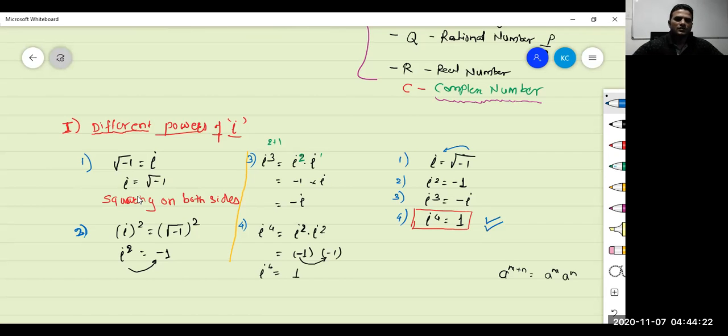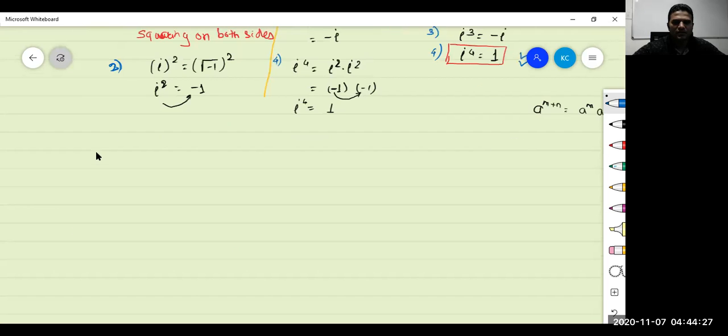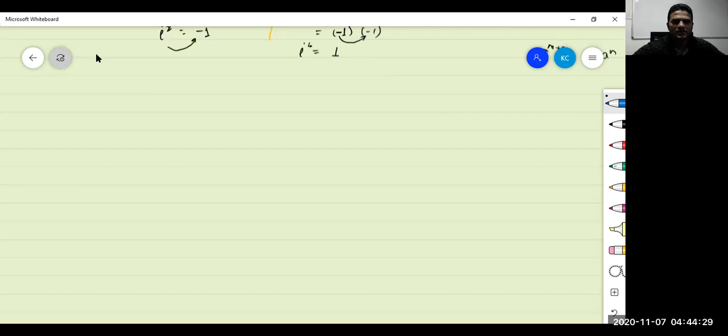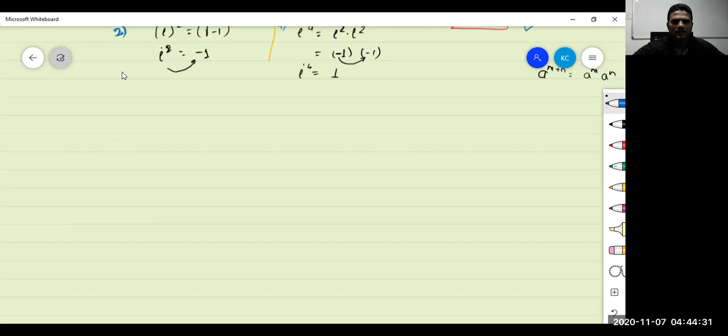So we will convert as per the questions given in the textbook. We will look at the questions as they are given in the textbook.